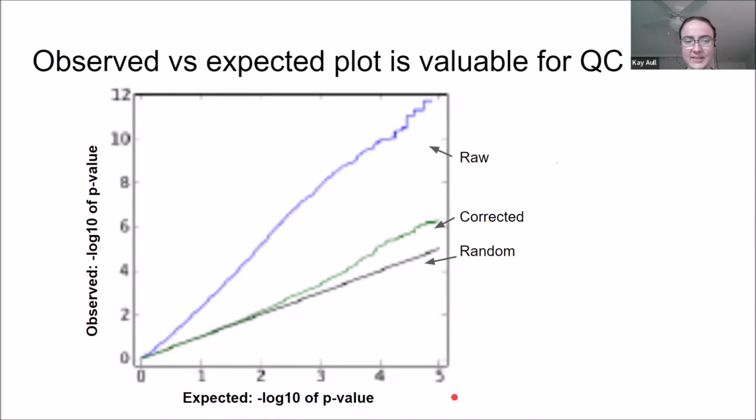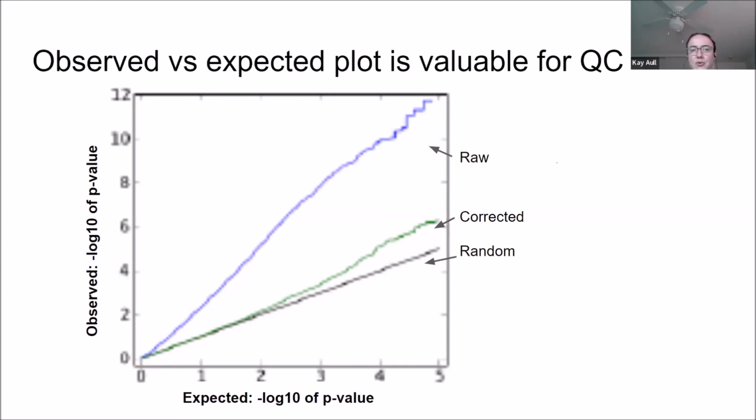And so this x-axis is the expected p-values, and this is your observed p-values. If all your data is well scrambled, you would expect x to be y. Your observed to be expected.